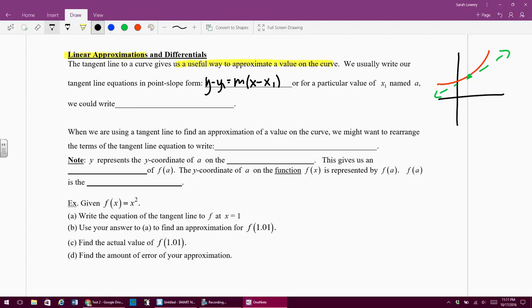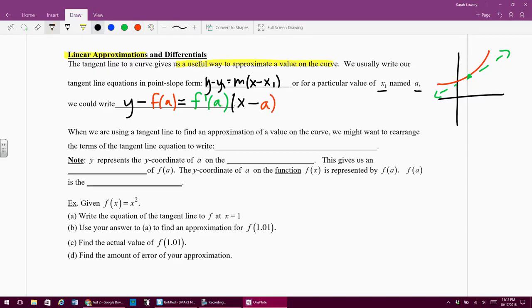And I could technically, if I wanted to be more specific, if I have a particular x and a particular a, say it's y minus, instead of y1, we'll use f of a, equals, instead of slope, f prime of a, x minus a.